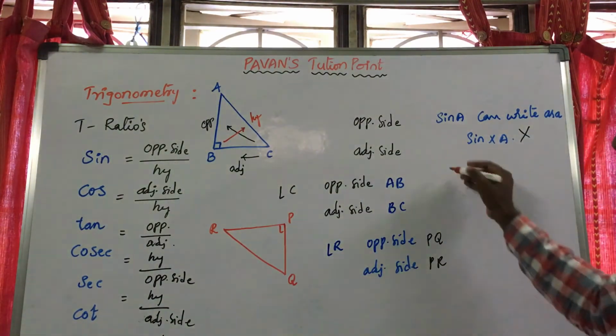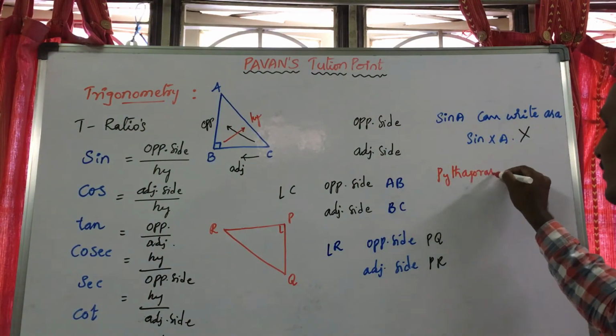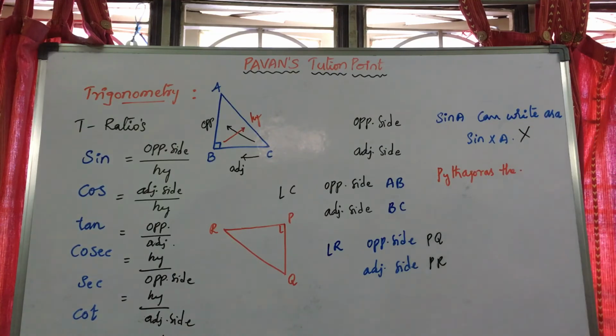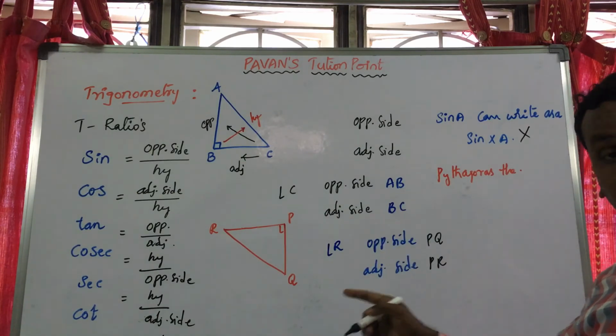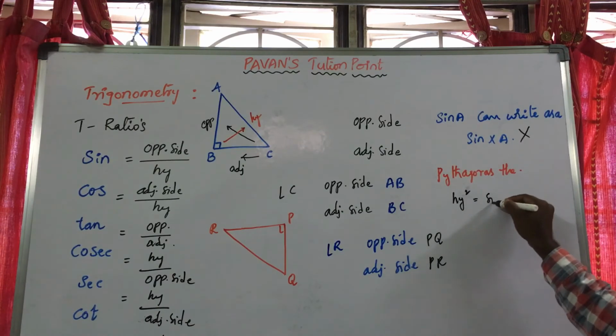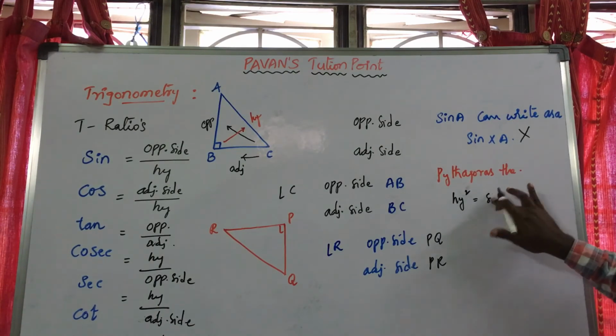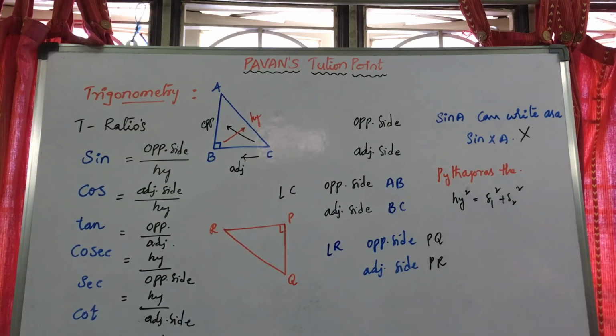Along with this, we need to remember one more formula, that is the Pythagoras theorem. So what is the Pythagoras theorem? I think you know that in every right angle triangle, hypotenuse square is equal to side one square plus side two square.